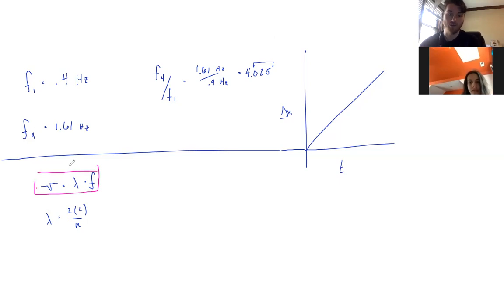Because this is the only equation, the one in pink, that you can solve for: your velocity equals your wavelength times your frequency, but you don't know the wavelength, you know the frequency. So what's your frequency there in that problem? 31.2 hertz. Awesome. And then you don't know your wavelength.